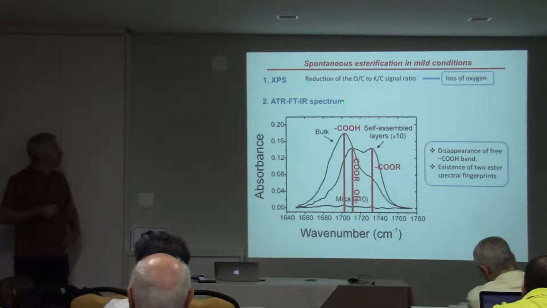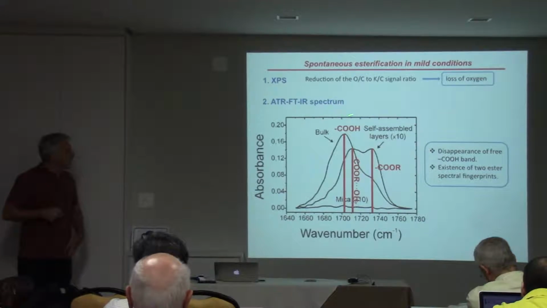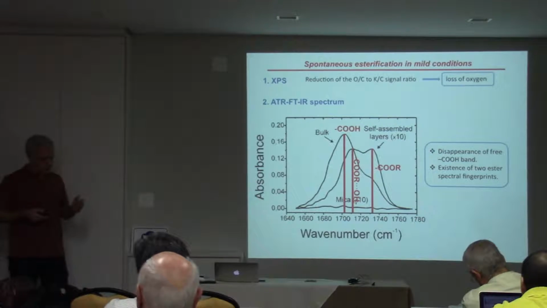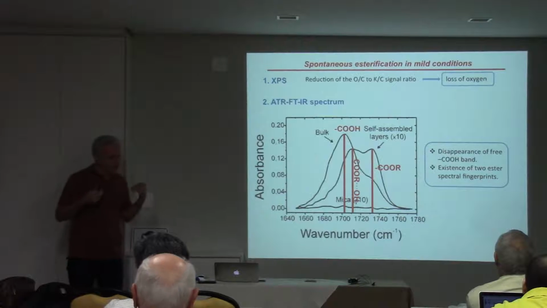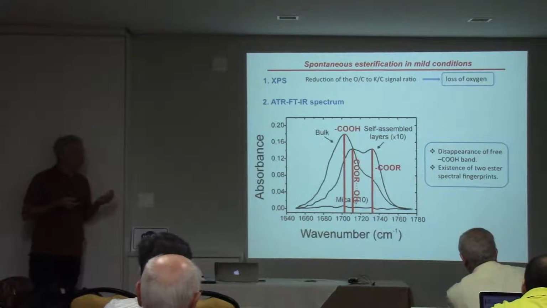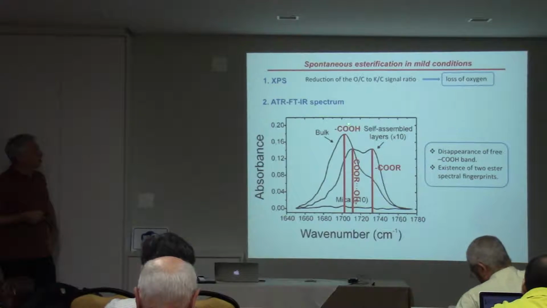The other observation is from the infrared spectrum. Looking back at the monomers, if we take a spectrum from carboxylic groups, we would expect this spectrum.